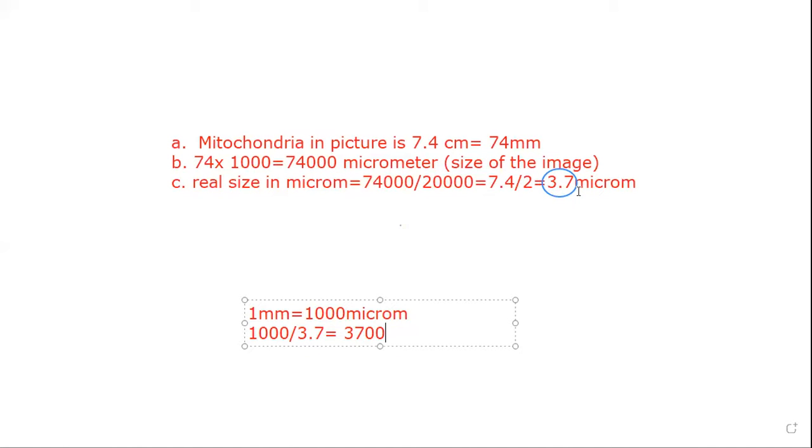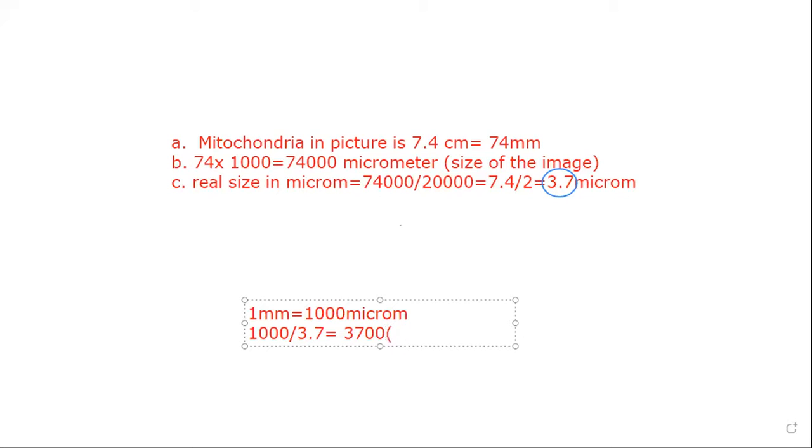And the upper answer is 3.7. Then they have done 10 to the power 3 divided by 3.7. Then it comes 270 of them in 1 millimeter. 1000 divided by 3.7, they have done that also, right? Yes, ma'am.